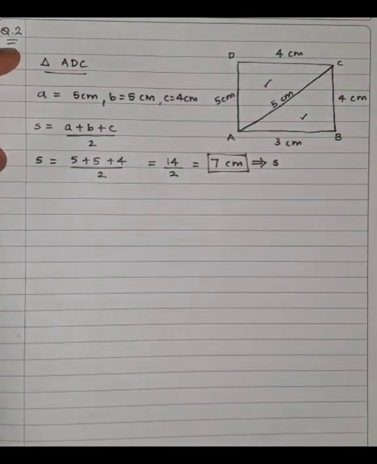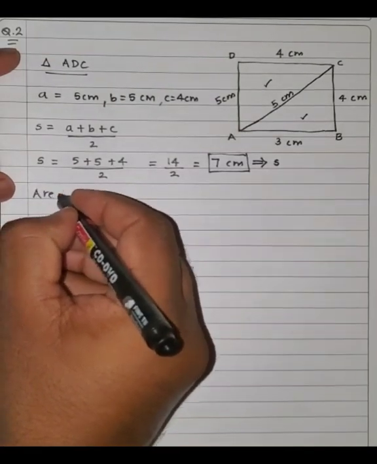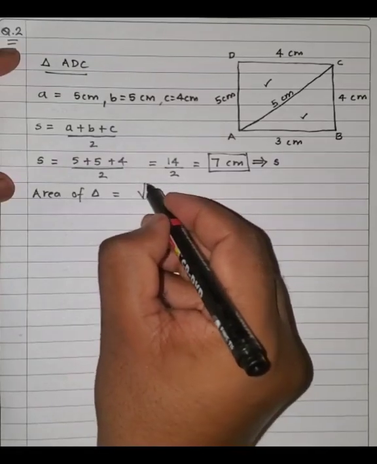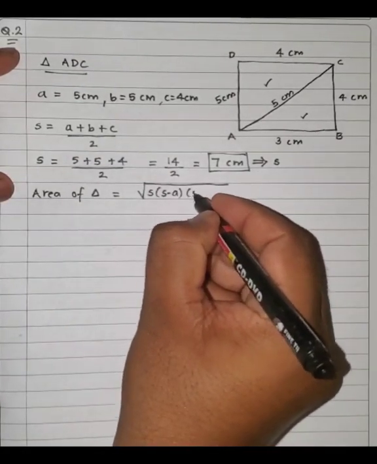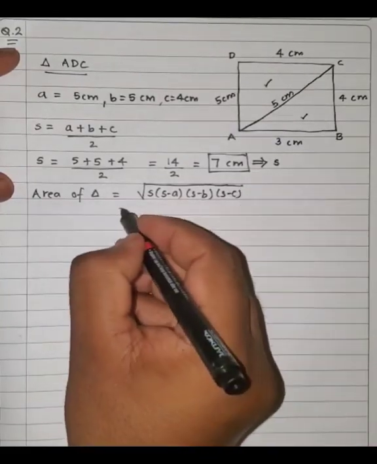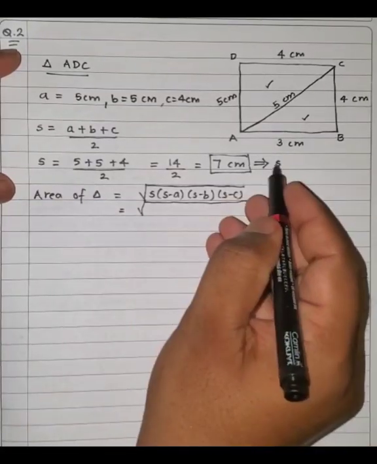What do I do next? Put the values. Area of triangle is equal to under root S into S minus A into S minus B into S minus C. Put the values. S is 7.